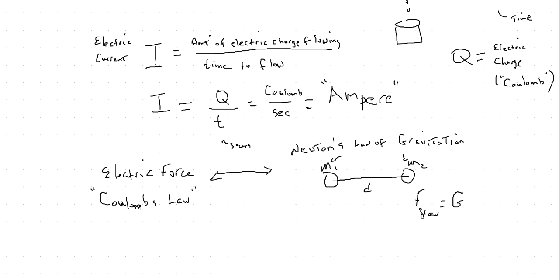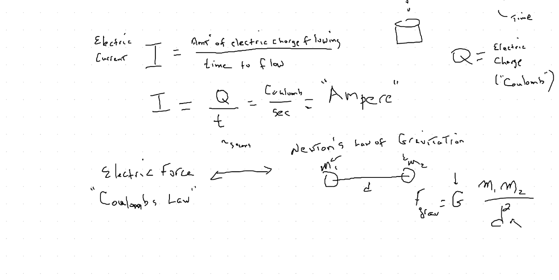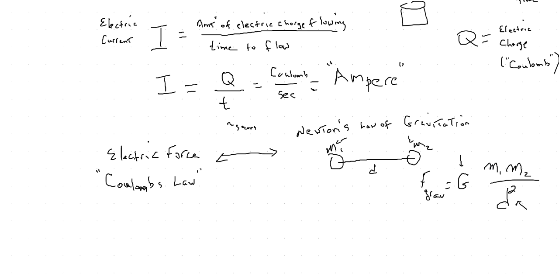It's just a gravitational constant. But take the mass of one object, take the mass of the other object, and divide it by the distance squared. Remember, we said this was an inverse square law. So this law of gravitation is an example of an inverse square law.